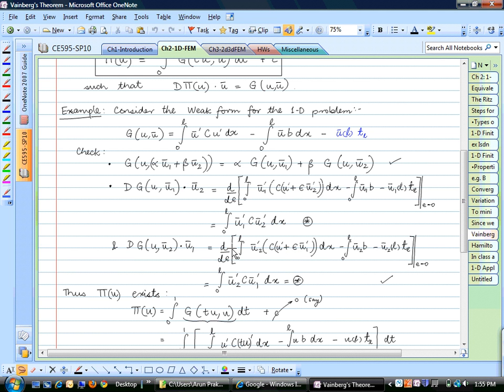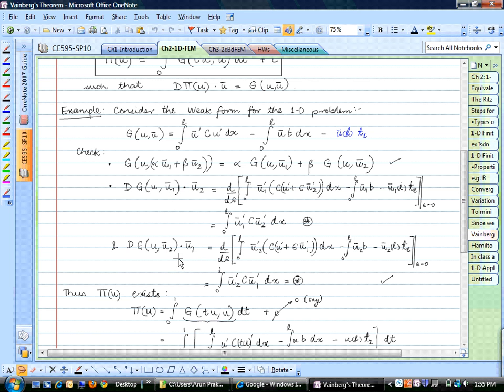So when we take the derivative with respect to epsilon of this entire thing, everything goes away except this term. So we have u bar prime right here, c, and u1 bar prime right here. And clearly, these two expressions are equal. So what we can say is that the second condition is also met. This quantity is equal to this quantity.